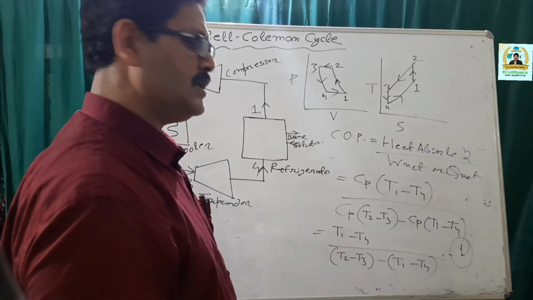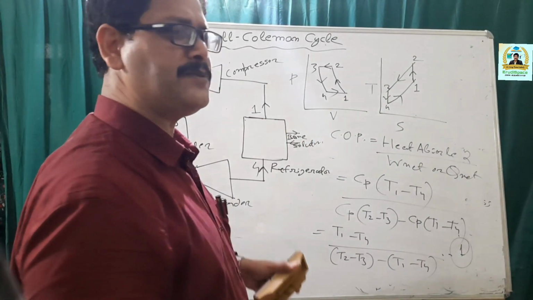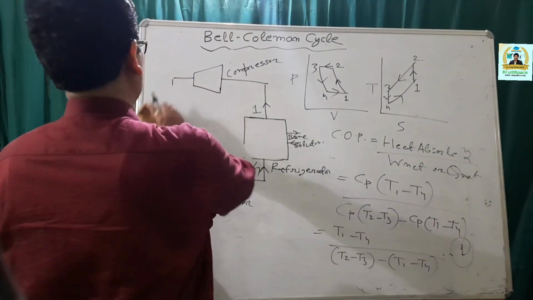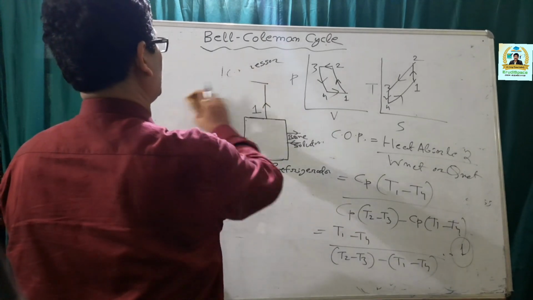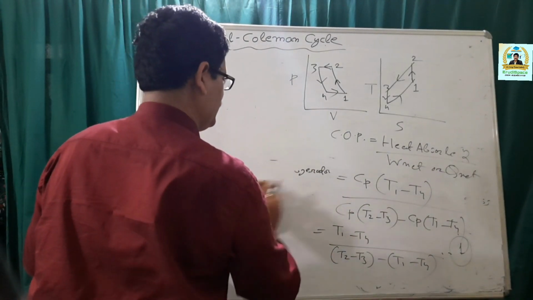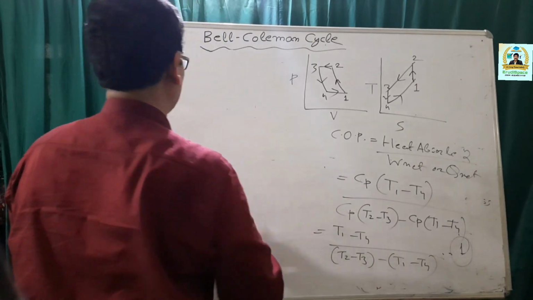Now, you can also represent this in terms of pressure ratios. So, now we will derive an expression for the C.O.P. of the Bell Coleman cycle in terms of pressure ratios.